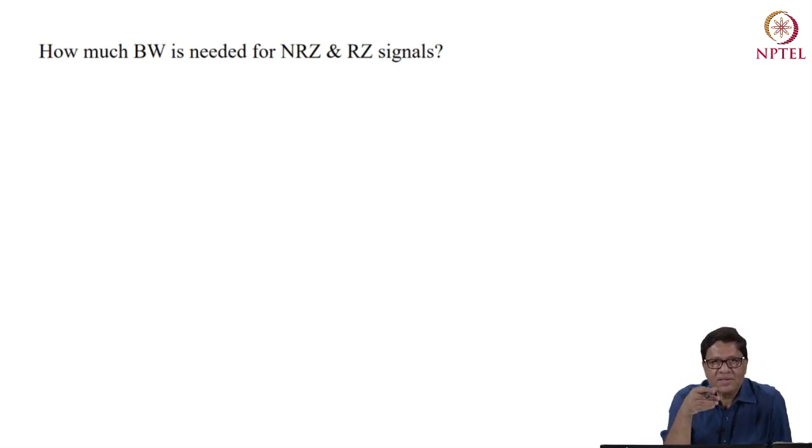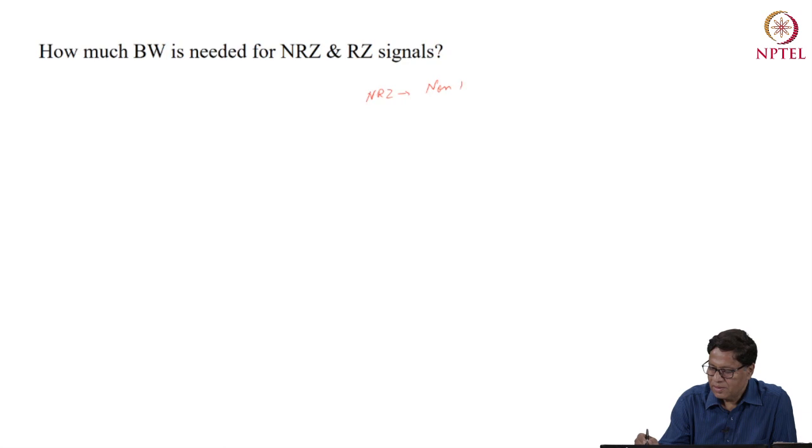So we have been discussing the bandwidth of the source and the bandwidth of the photodiode, but let us understand, suppose I am transmitting an NRZ signal or an RZ signal, and NRZ is non-return to zero.